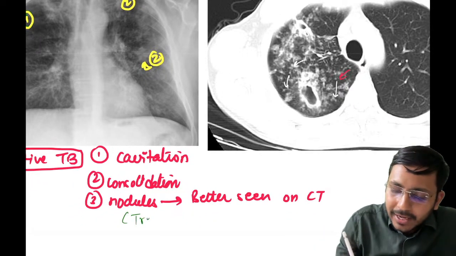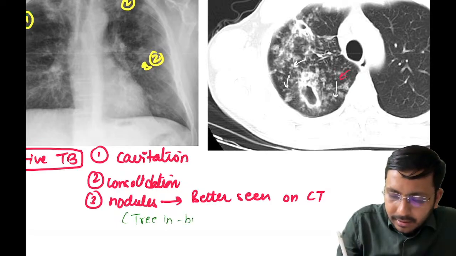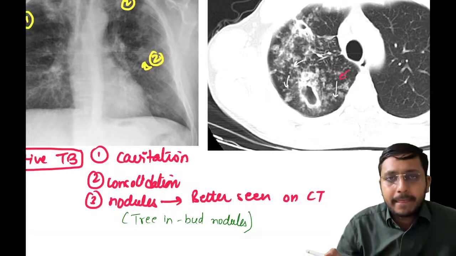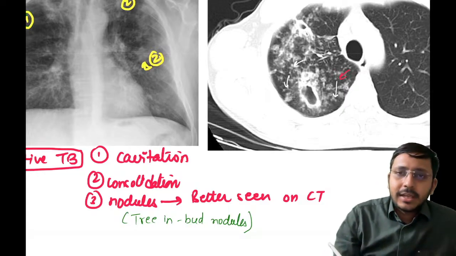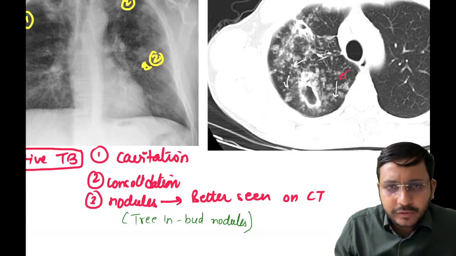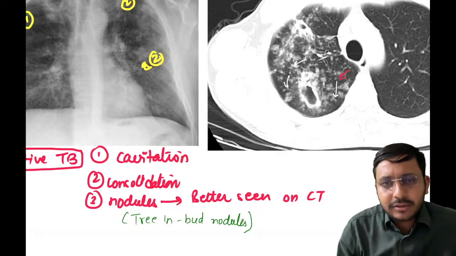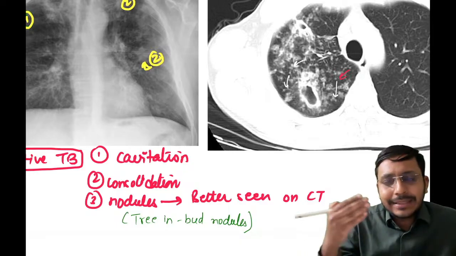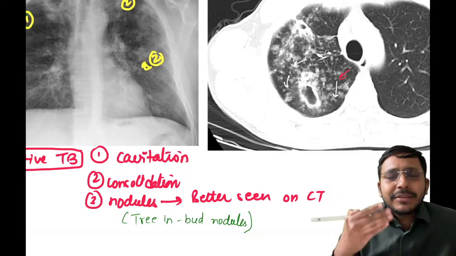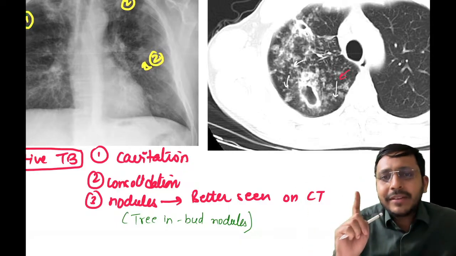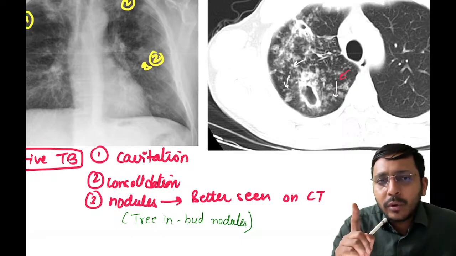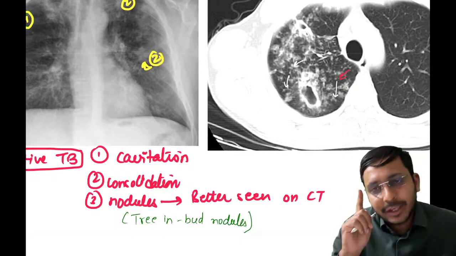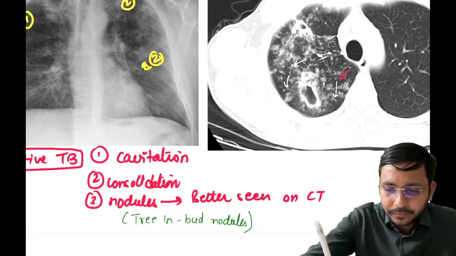This is known as tree in bud nodules. Tree in bud nodules are seen in tuberculosis and also other infections, but most commonly described for tuberculosis. It is seen in bronchopneumonia also, it can be seen in fungal pneumonia also, but if the examiner asks you one type of nodule, tree in bud nodule cause, it is tuberculosis that you have to say.